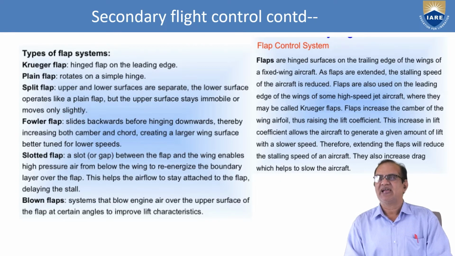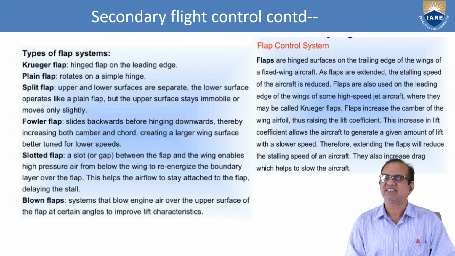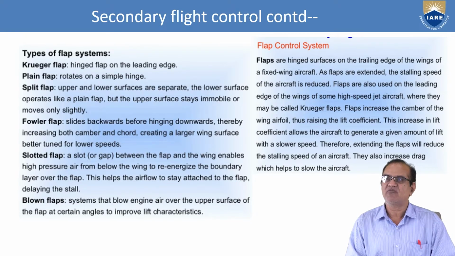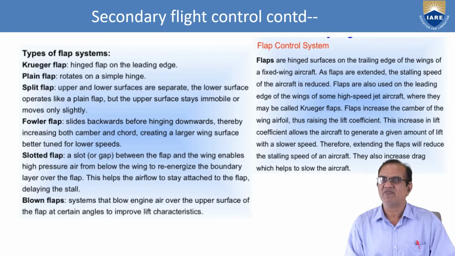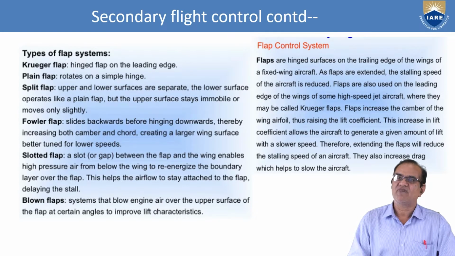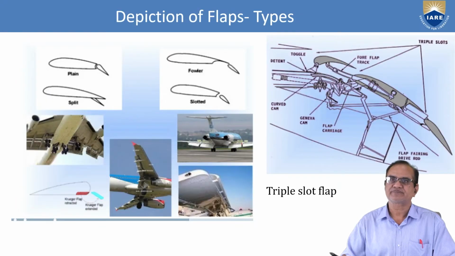Flaps increase the camber of the wing airfoil, thus raising the lift coefficient. This increase in lift coefficient allows the aircraft to generate a given amount of lift at a slower speed. Therefore, extending the flap will reduce the stalling speed of an aircraft. They also increase drag to slow the aircraft.